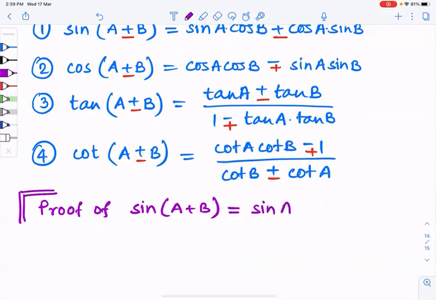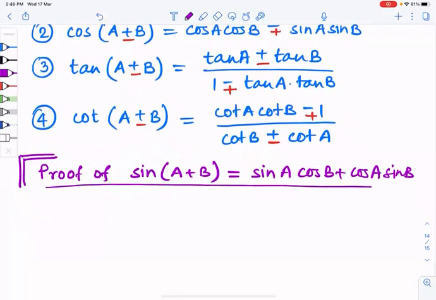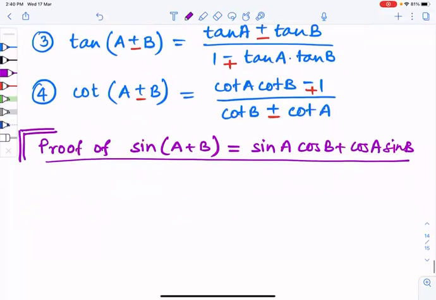Sin A plus B is sin A cos B plus cos A sin B. So we are going to prove this. There are different ways to prove that. Let me show you one of the methods here. Let us take a rectangle.